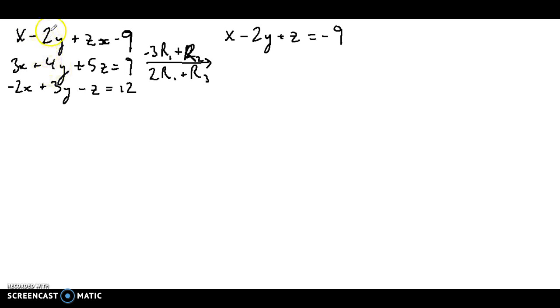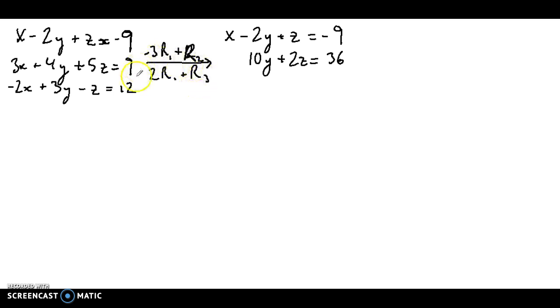So we've got 4y plus 6y is 10y. And then 5z minus 3 times z is 2z. And finally, 9 minus 3 times -9. Well, that's -27. Subtract the -27. That's the same thing as adding 27. So we have 9 plus 27 is 36.